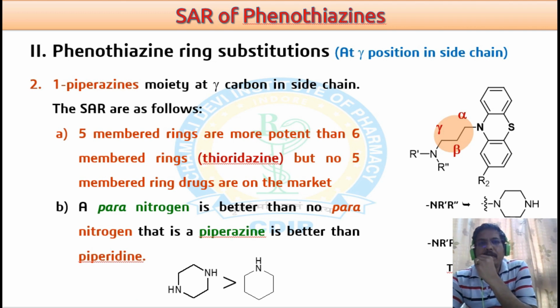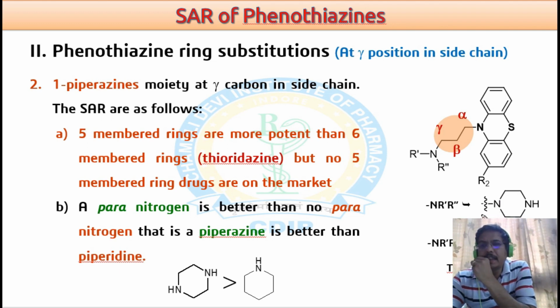But if you look at a system like the pyrazines, how is the activity changed? This is the pyrazine, in which two nitrogens are there, at the 1 and 4 positions in the alicyclic system.